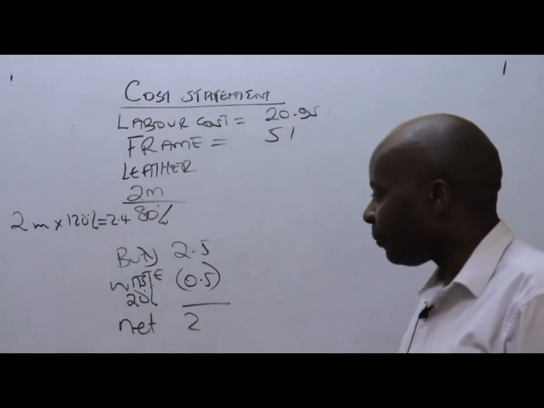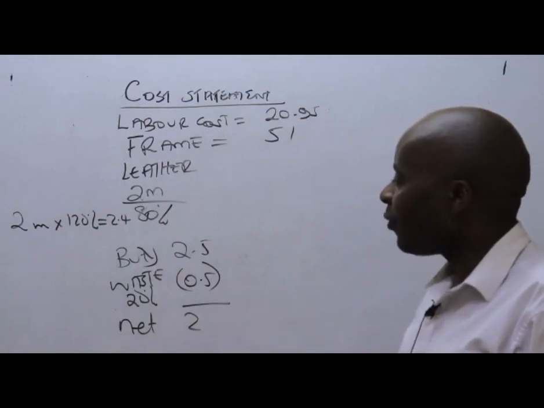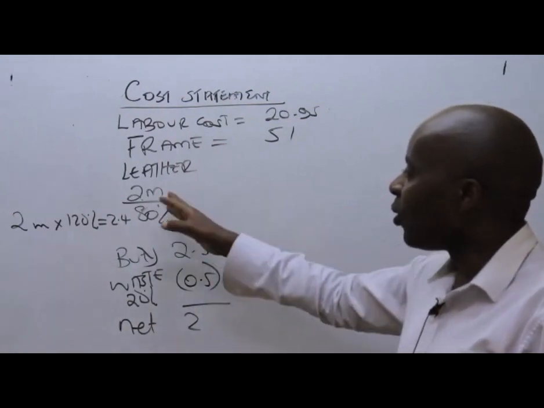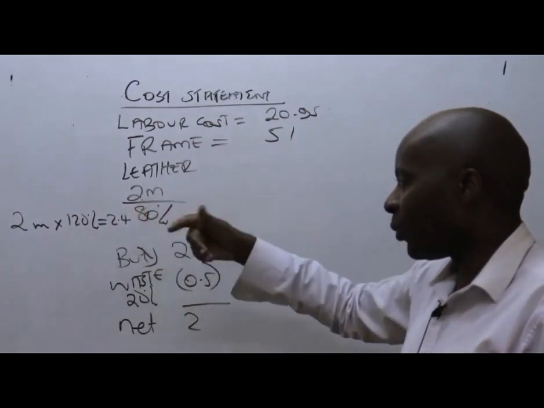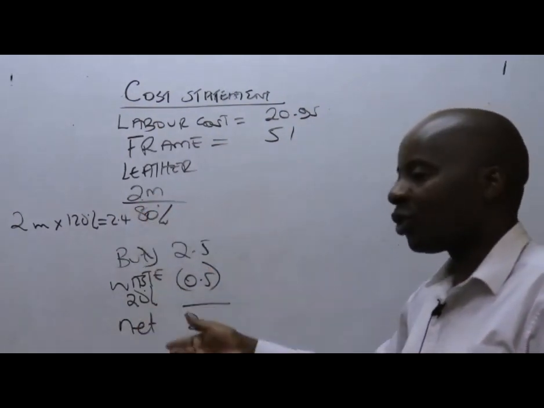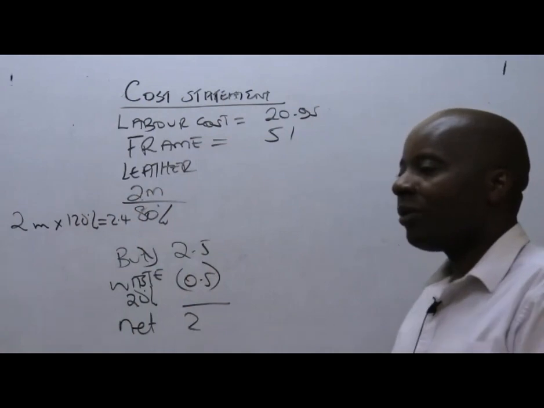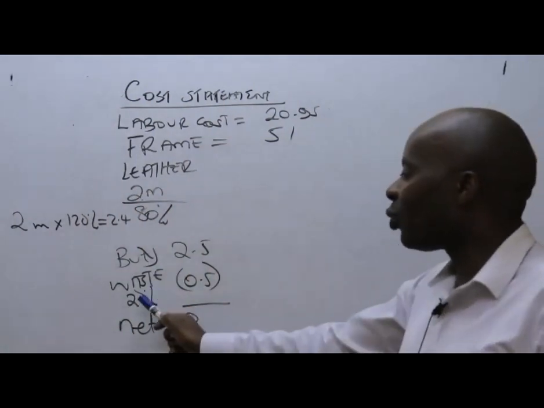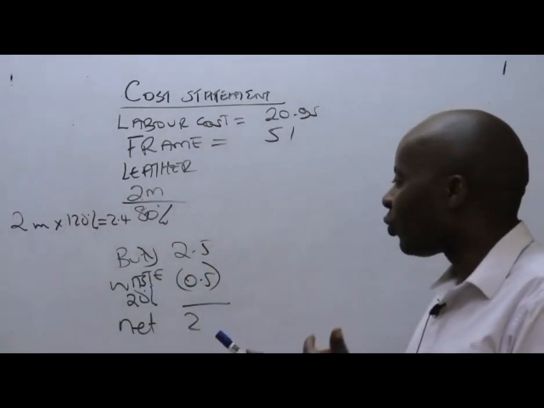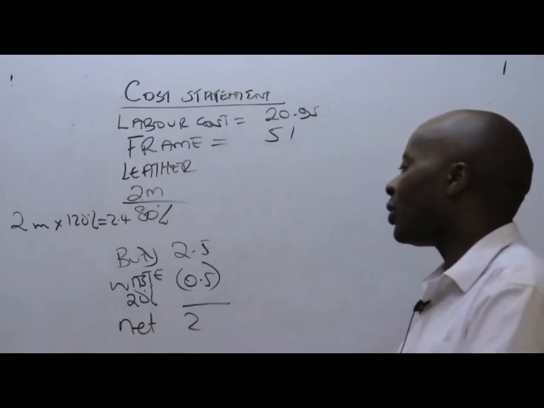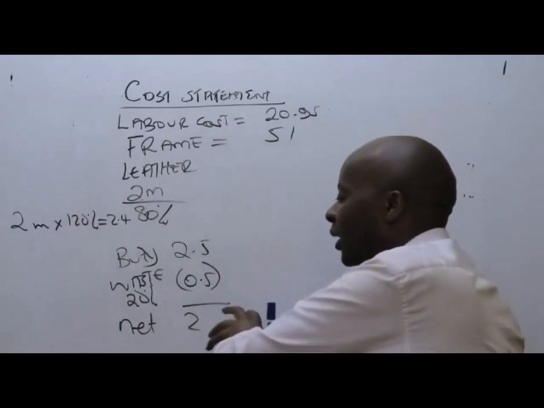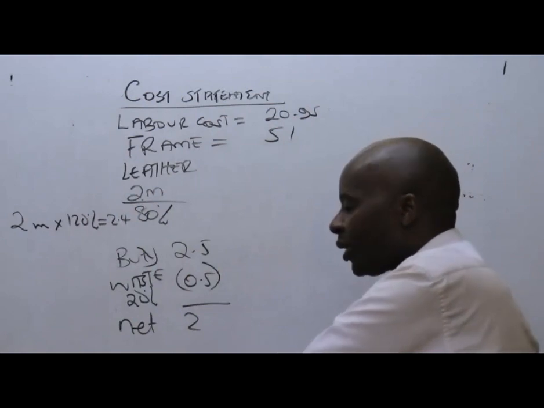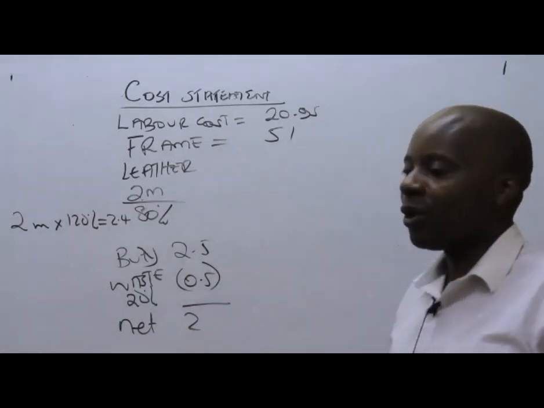If we have these 2 meters over 0.8, that tells us we should buy 2.5 meters. Once we buy the 2.5 meters, we will have to waste 20%. 20% of 2.5 gives us 0.5. So when you subtract the waste, you get the net meters, which are 2.